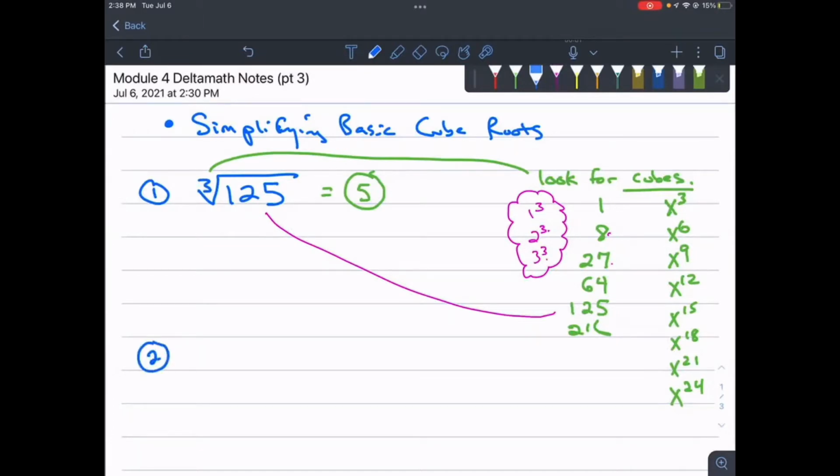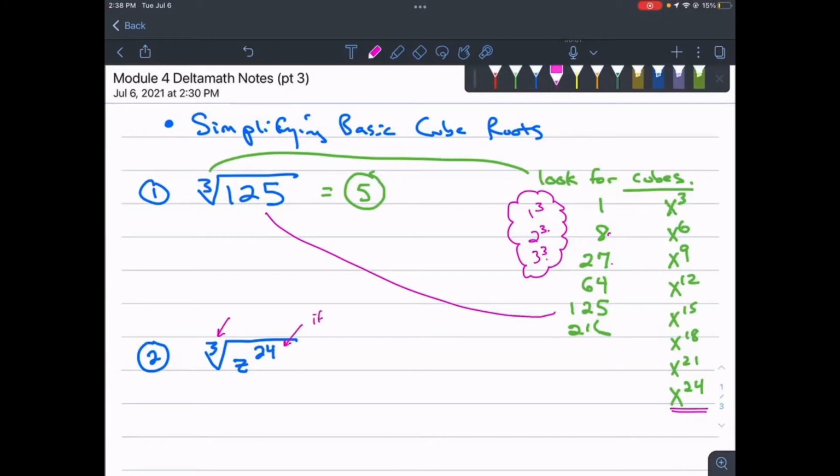Number 2, the cube root of z to the 24. We're looking for cubes since we've got a cube root. And z to the 24th is a perfect cube.